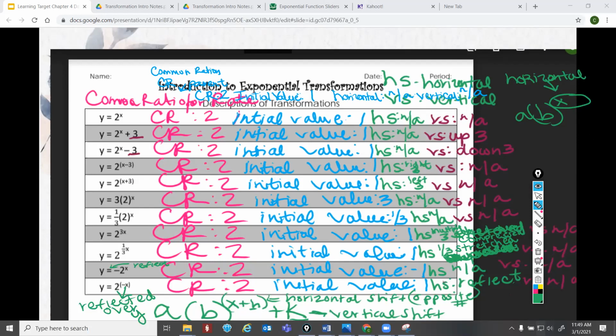And then the ending, the bigger number, or K, is always in charge of what? Vertical. So that's what you have to have memorized. So make sure that you keep those papers with you because they're super important. Everybody got that?